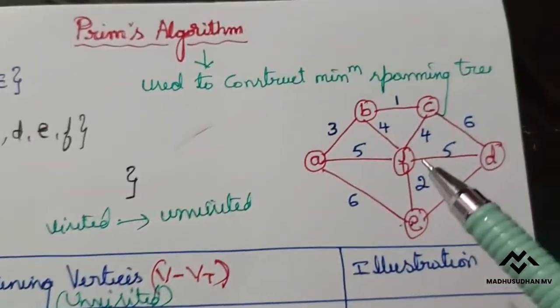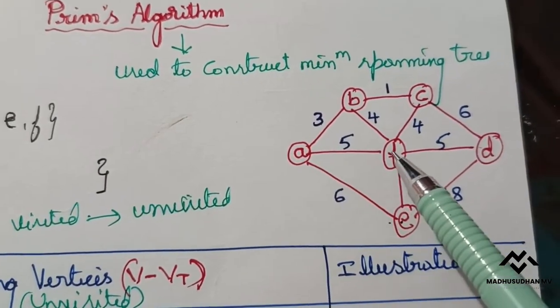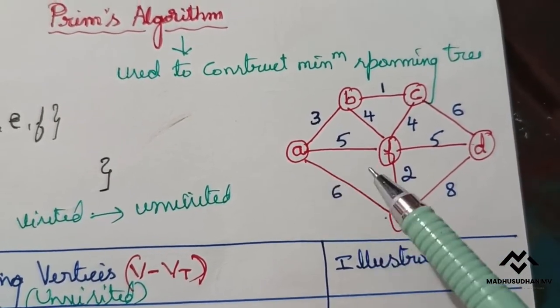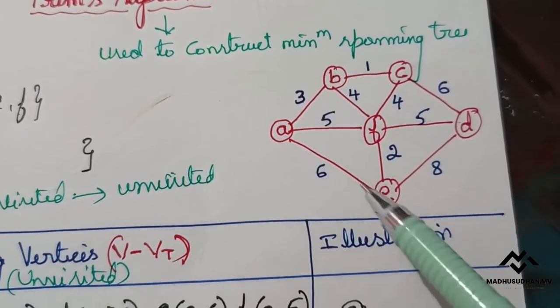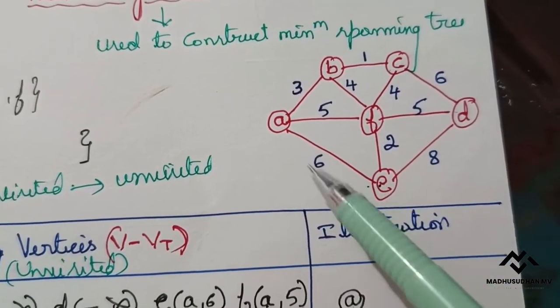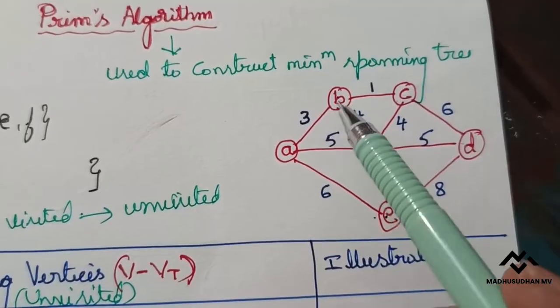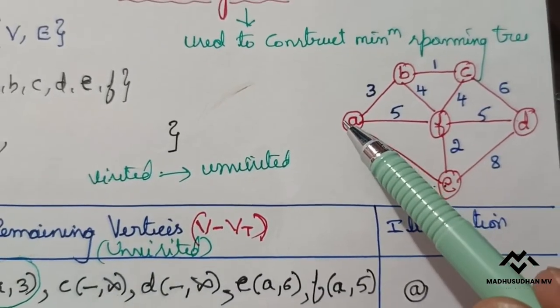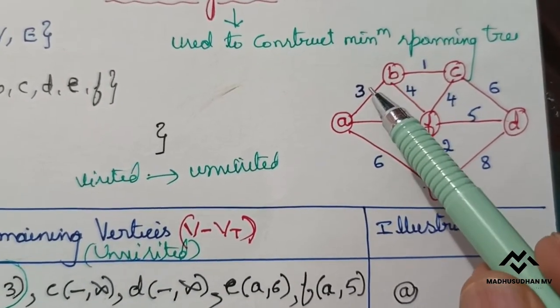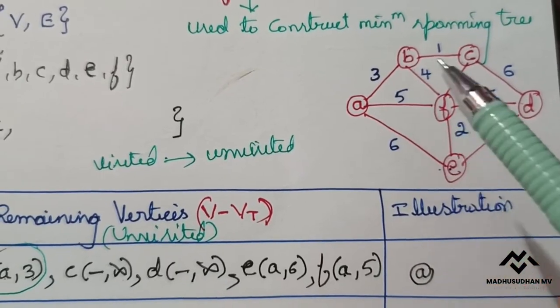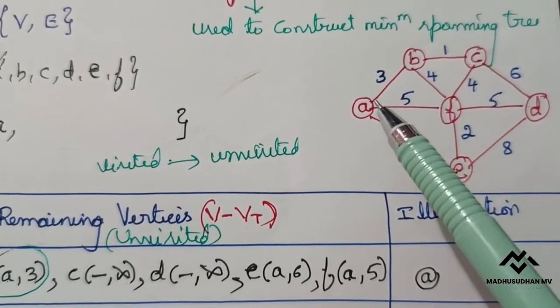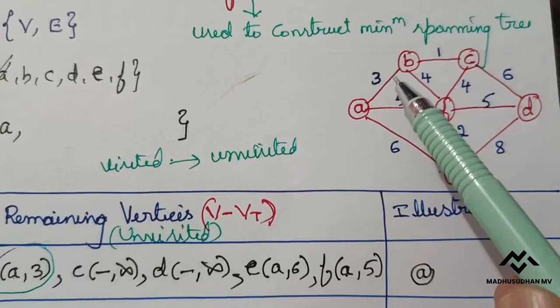If you reach F from A, you have to travel 5. If you travel from A to E, you need to travel a distance of 6. But B you can reach shortly. So from A, the shortest is 3. You select the edge in such a way that from the visited vertex, it should be the shortest.